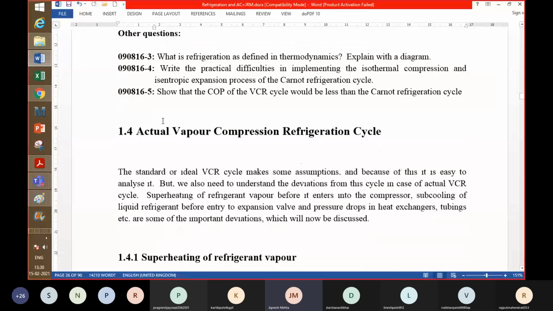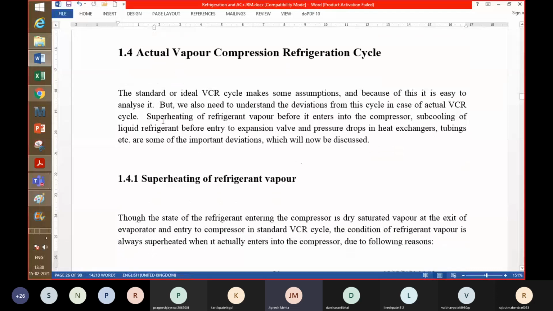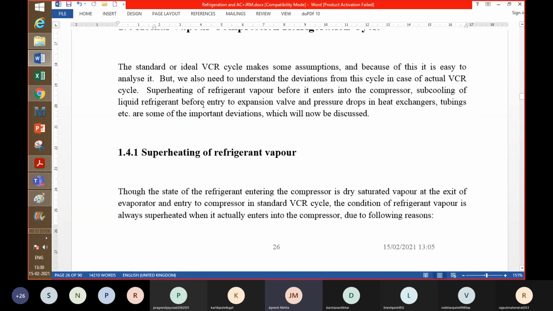So now let us go to the next topic, that is the actual vapor compression refrigeration cycle. The standard or ideal vapor compression refrigeration cycle makes some assumptions, and because of this, it is easy to analyze, but we also need to understand the deviations from this cycle in case of the actual VCR cycle.